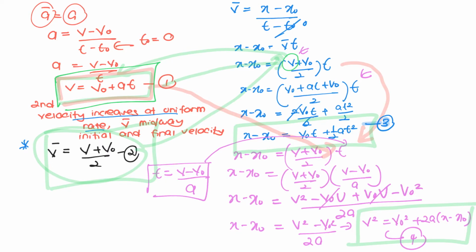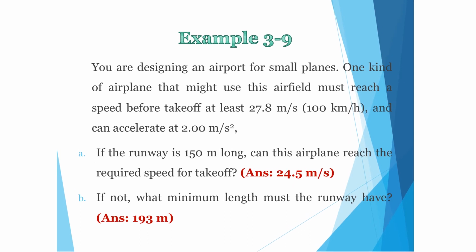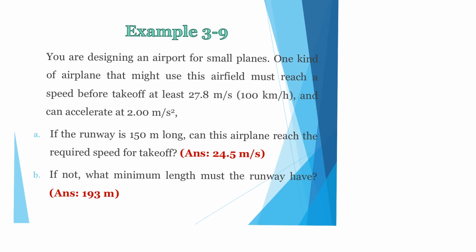Okay, so basically we have 4 formulas. So how to use those formulas? Okay, so I'm going to rewrite again all the formulas that we are going to use. The first one is v equals v naught plus at.